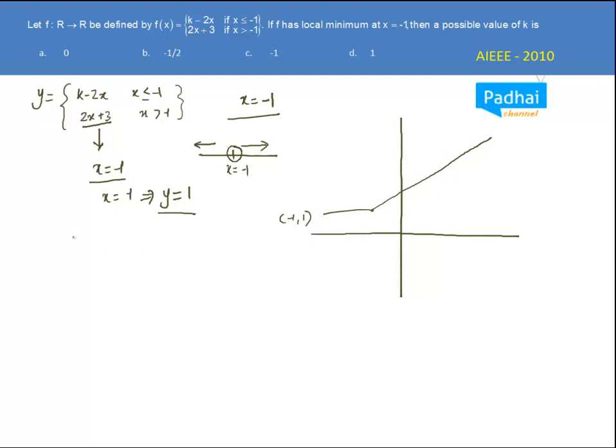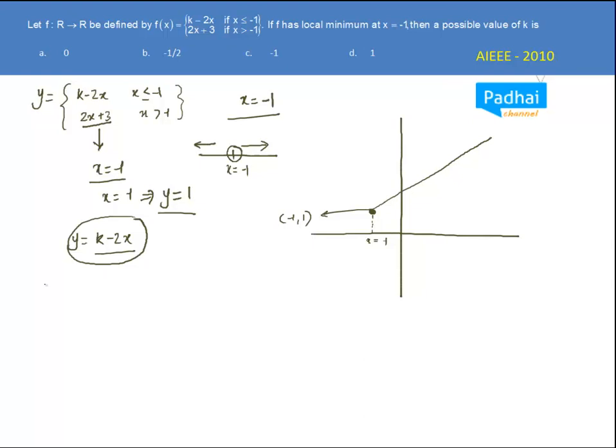Now I have to draw y equal to k minus 2x in such a fashion that the value at this point should be smaller than this one, because at x equal to minus 1 the value should be from this function, not from this line. Alright, so now just start putting the values of k.